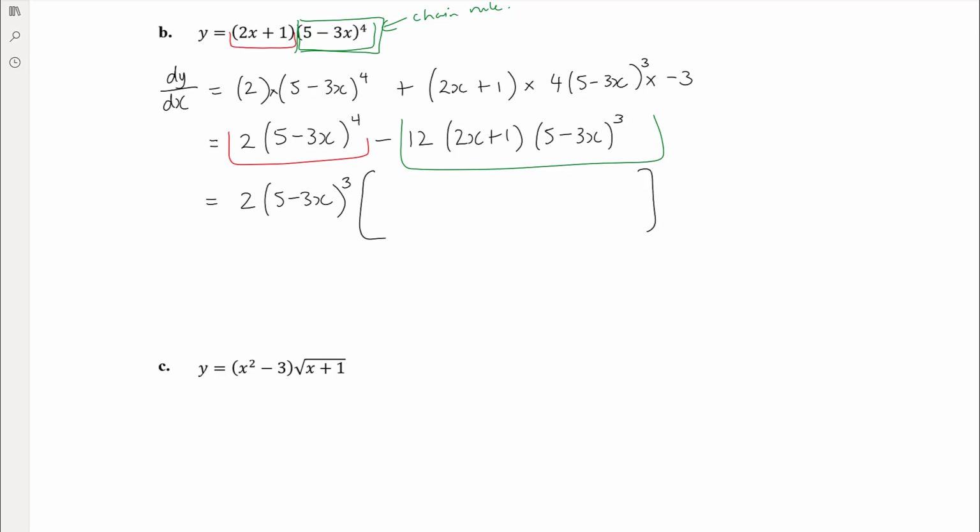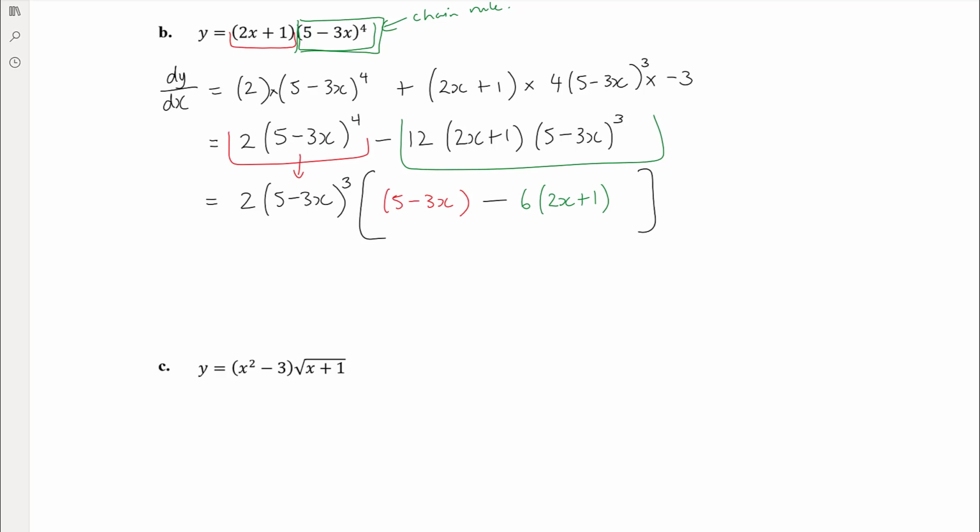Okay, then if we focus on what's left when we've taken that out. If we've divided the red section by 2 times 5 minus 3x all cubed, we've still got 5 minus 3x left there. Minus, and then if we've divided the green section by 2 times 5 minus 3x all cubed, 12's been divided by 2, so we've got 6. We've still got that 2x plus 1, but we've divided away all of the 5 minus 3x all cubed.